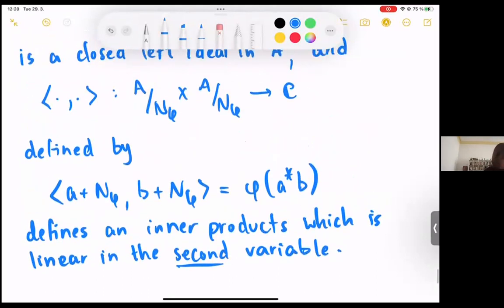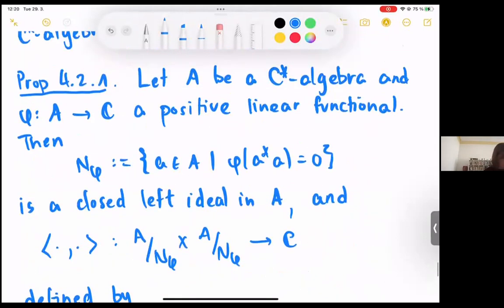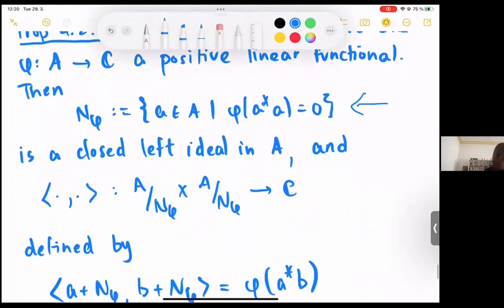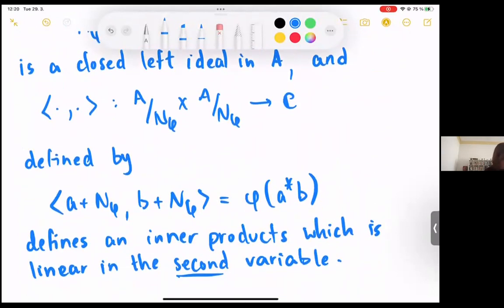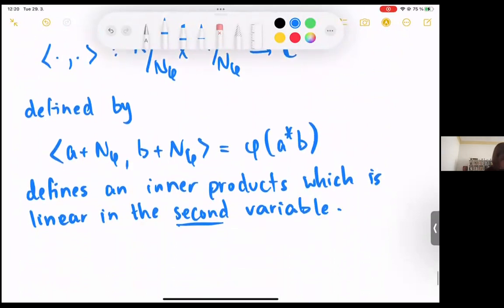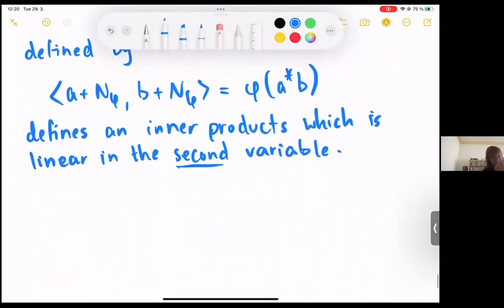Okay, so we have two things we need to show. First of all, that this N phi here is a closed left ideal, and then that this formula here does indeed define an inner product on A mod N phi.